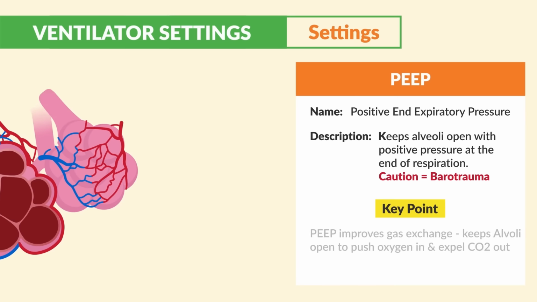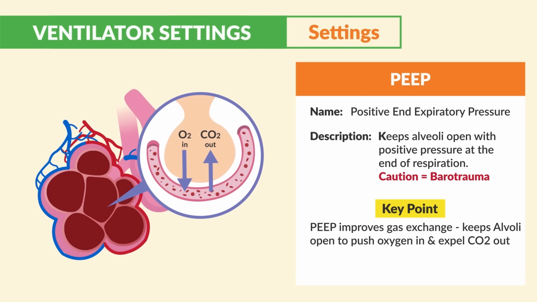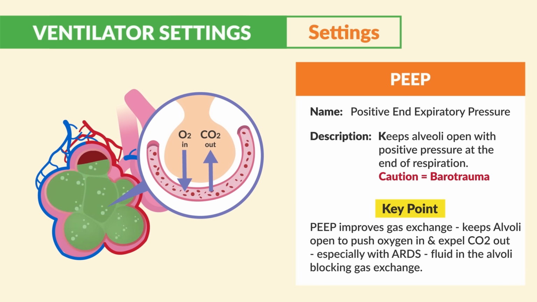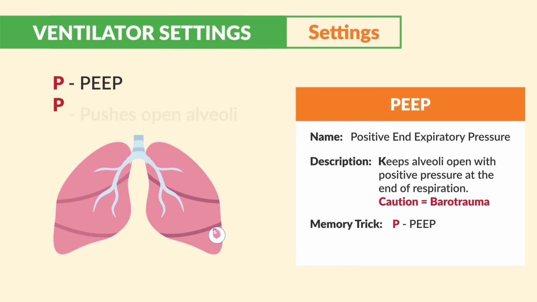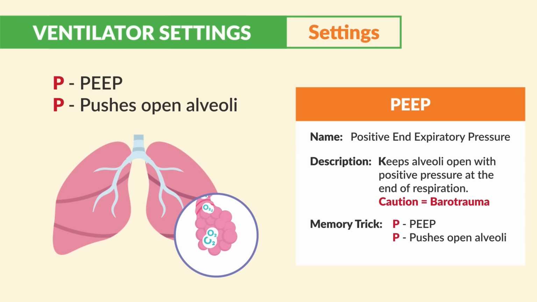The key point is the PEEP improves gas exchange, keeping that alveoli open to push oxygen in and expel CO2 out, especially with ARDS, where fluid fills up the alveoli, which blocks gas exchange. For the memory trick, think of the double P's. PEEP pushes open that alveoli.